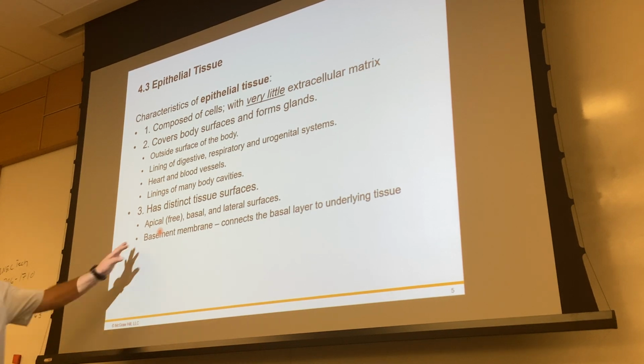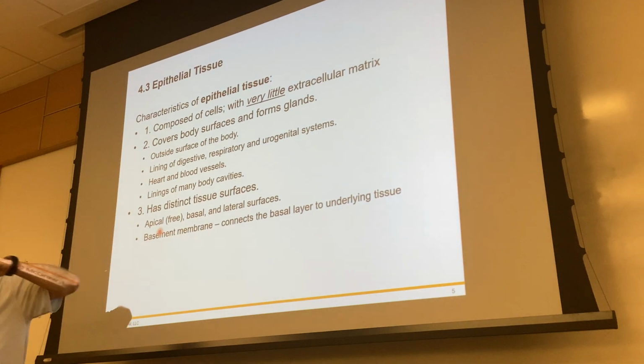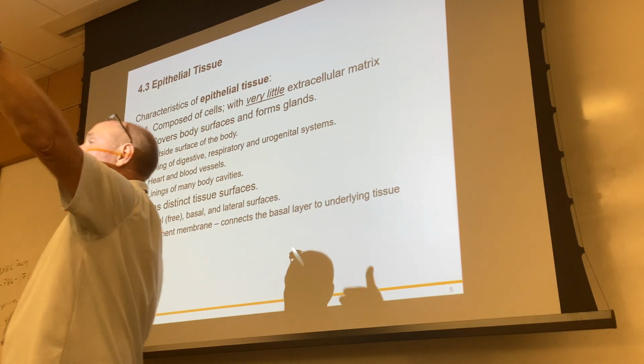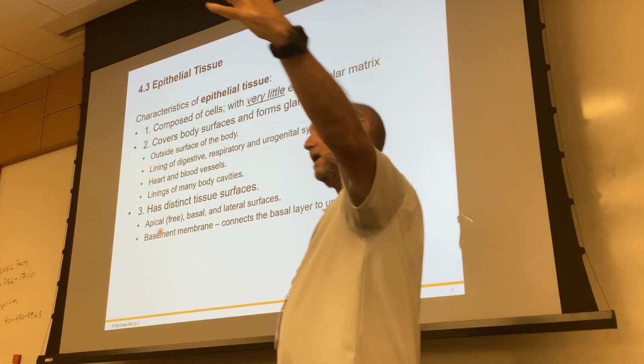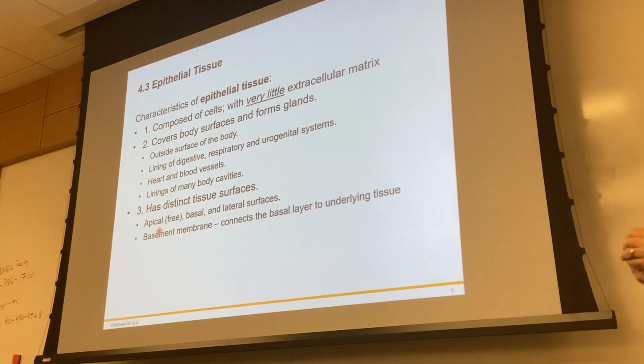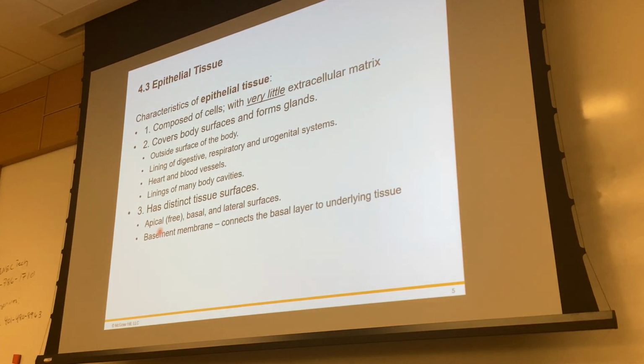Okay? And then finally, there's this connective tissue here that's always there that basically bonds, it's glue. A basement membrane is the glue that keeps the cells from being pulled off of the underlying tissue.